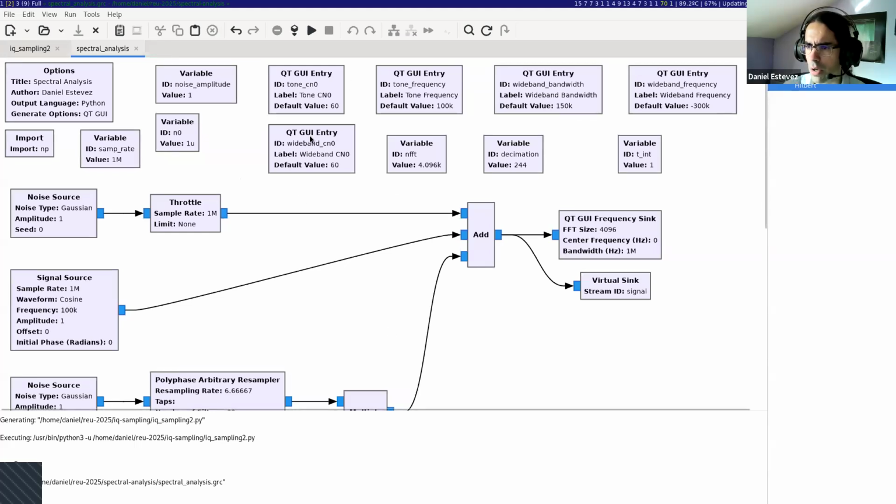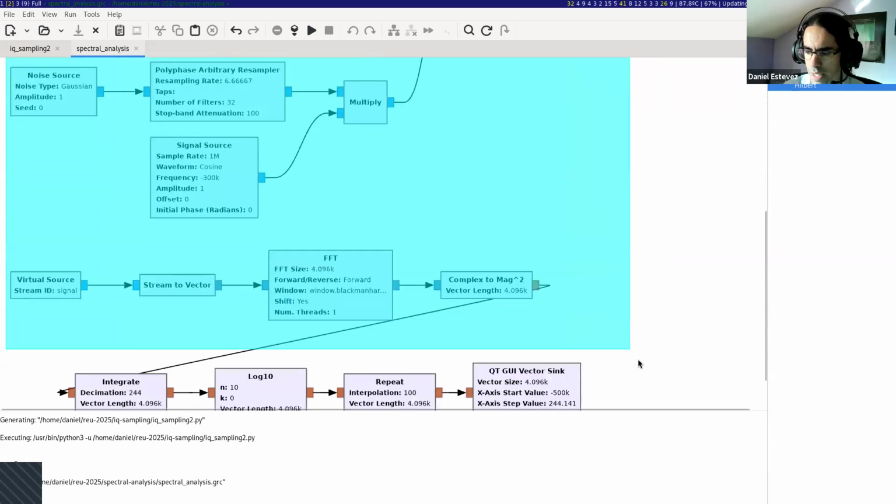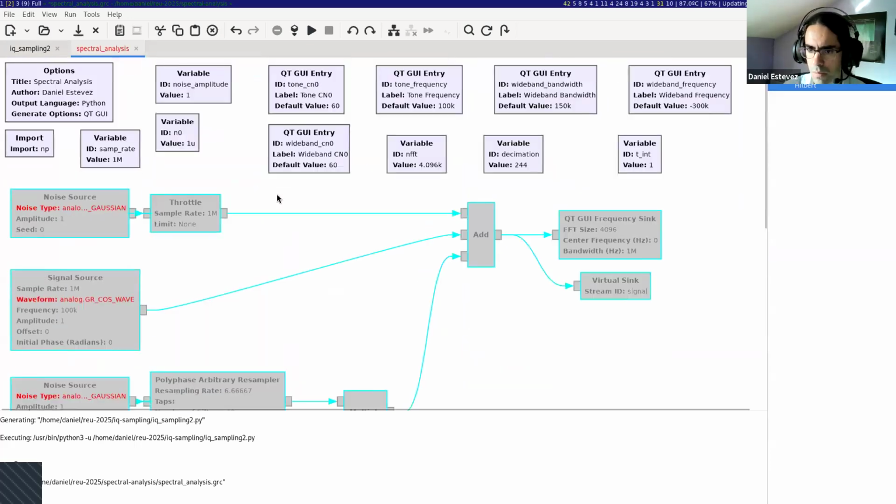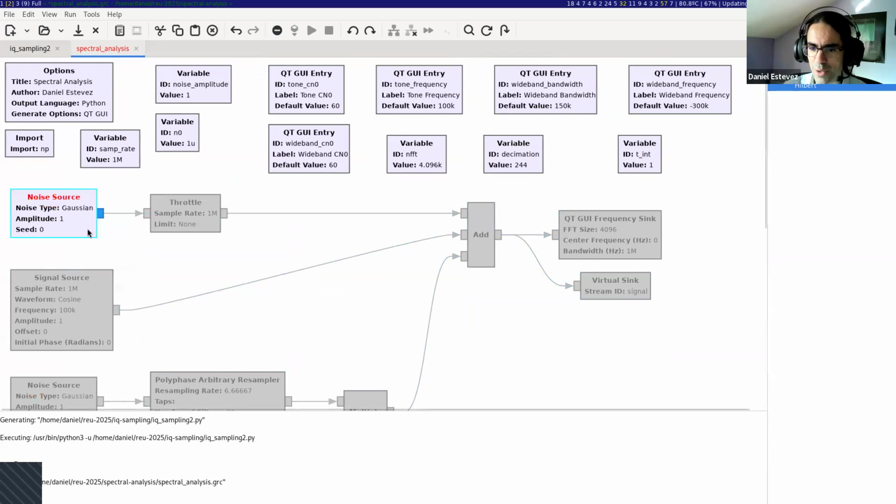You can see there are multiple QT GUI entries, and it would take a bit of time to put all of that together from scratch, but I'm going to start by disabling everything, and I will be explaining things as I keep building it. I have something which is built, but I'm going to pretend that I built it from scratch, if that makes sense.